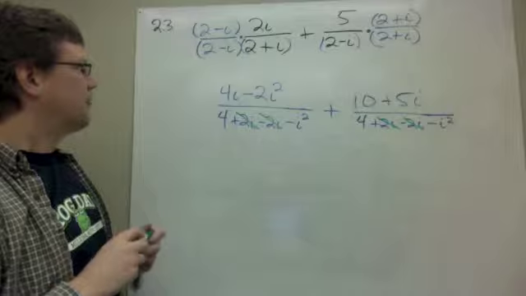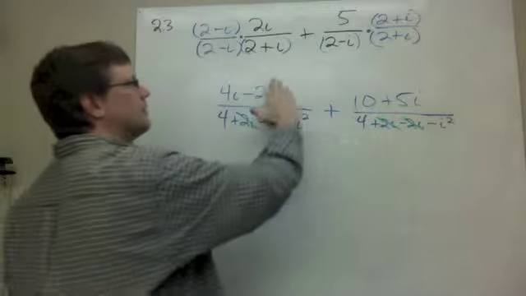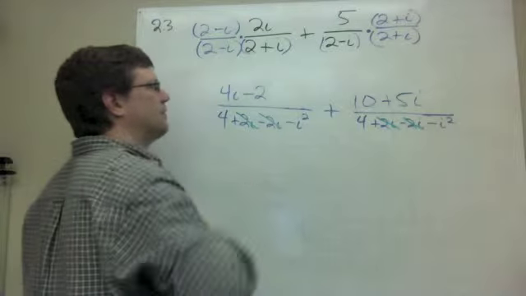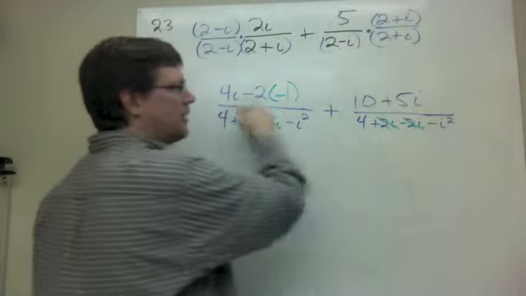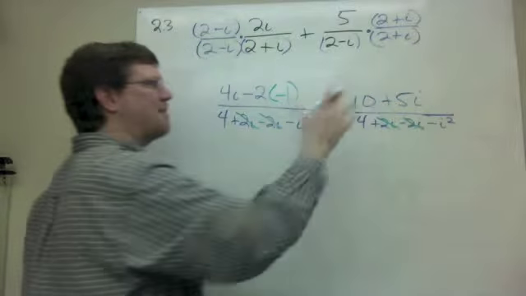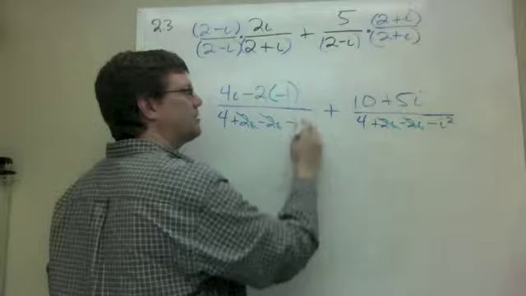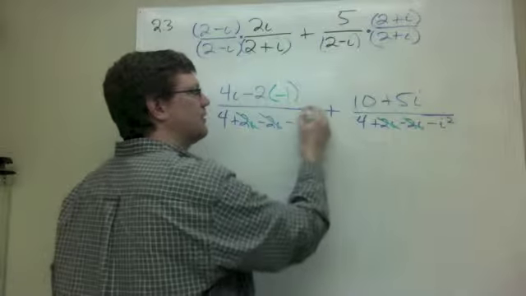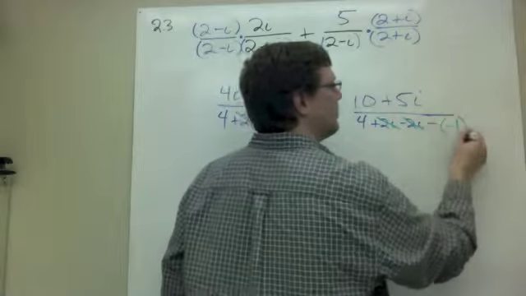Okay. Now for the rest of it, i squared, we can replace with a negative 1. I don't have any other i squareds happening on the top. I do have them on the bottom. i squared here is going to be a minus 1. i squared here is also going to be a minus 1.